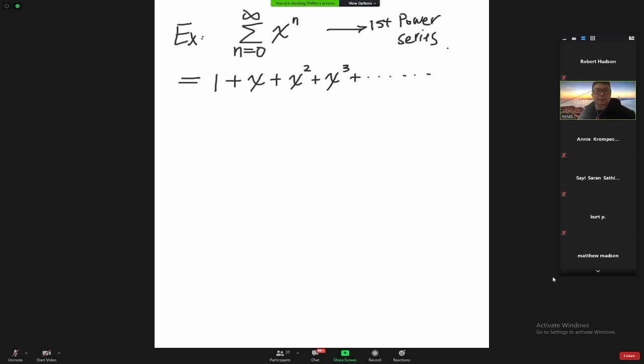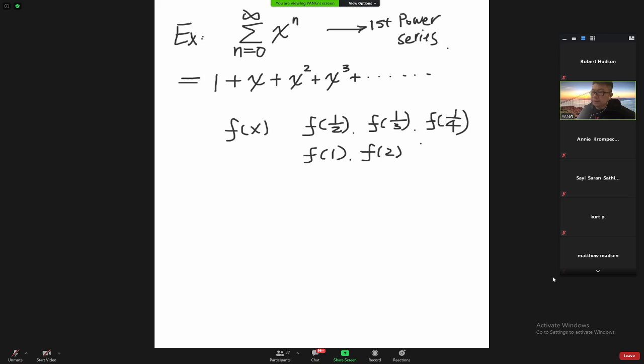This is a function with respect to x. x is a variable, so that's a function. I want to see the values of f of x: f(1/2), f(1/3), f(1/4), and I also want to know f(1), f(2), f(3), f(4), right? I want to know the value with respect to different values of x.